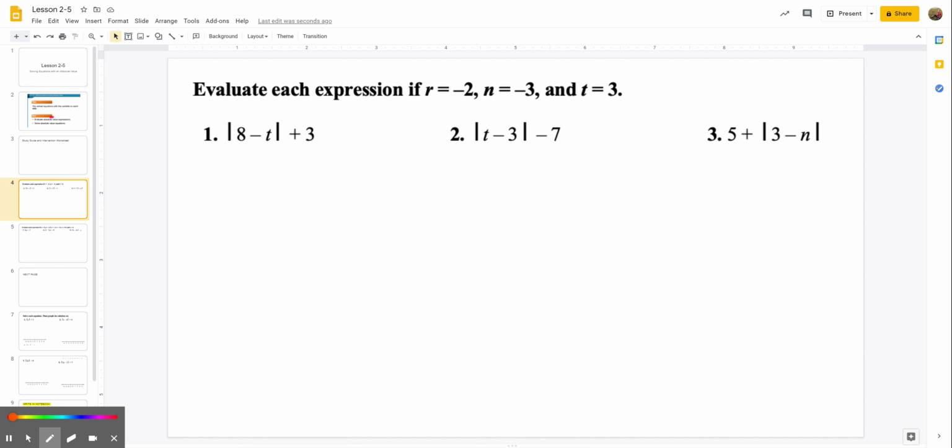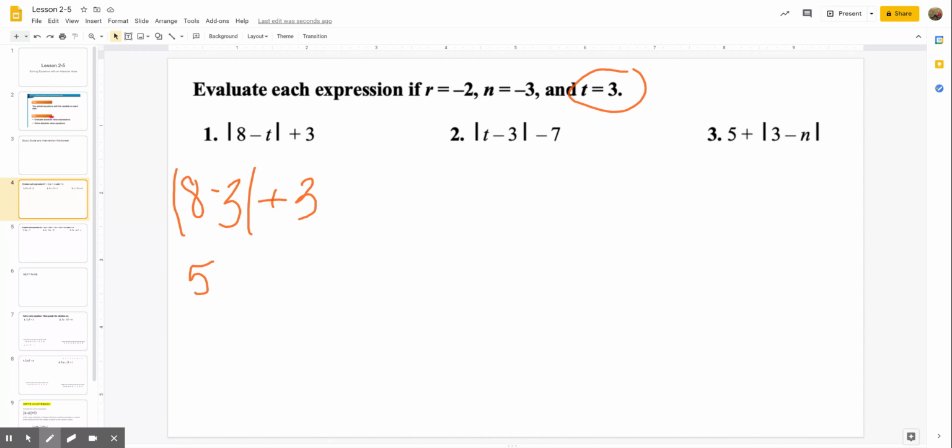In this case, they give me r, n, and t. Number 1 only has a value for t, so let's plug that in. Here we have the absolute value of 8 minus t, but t equals 3. So instead of 8 minus t, we're going to put in 3.